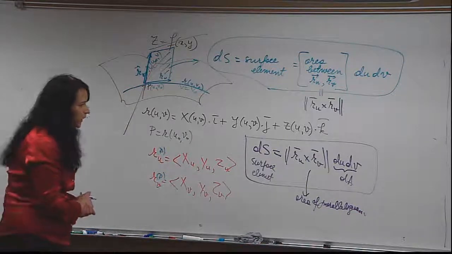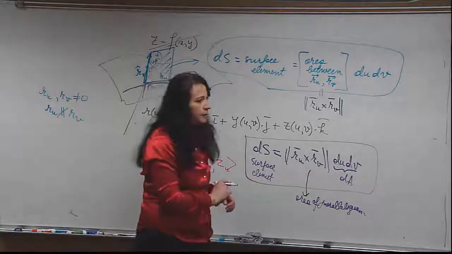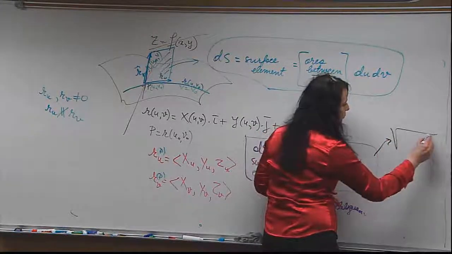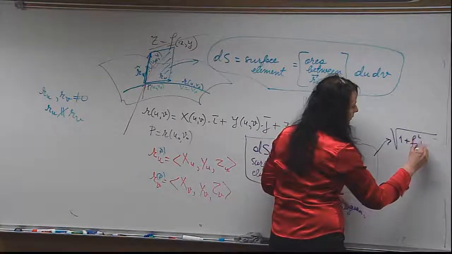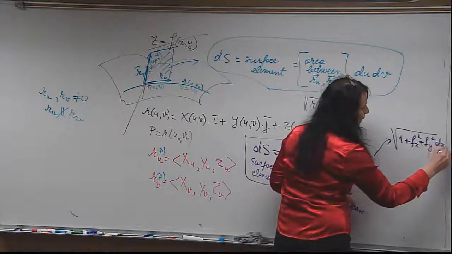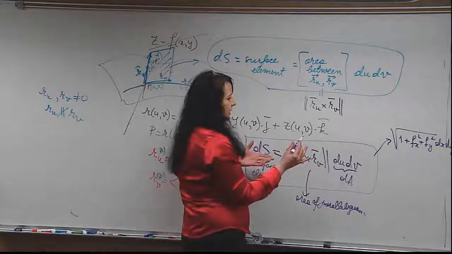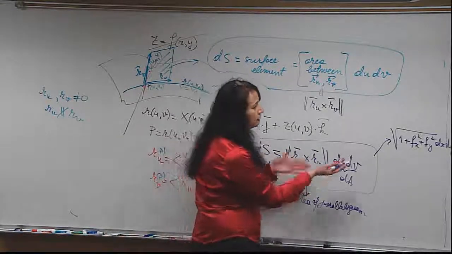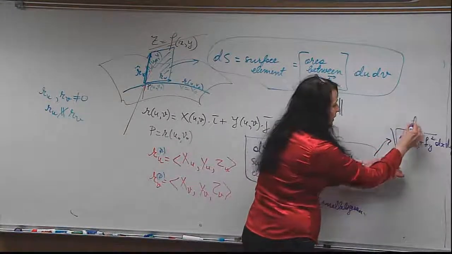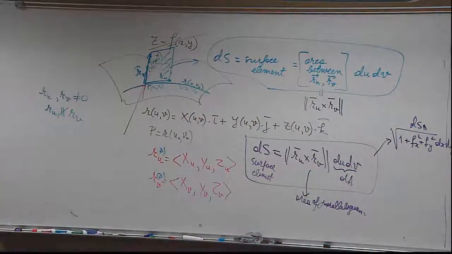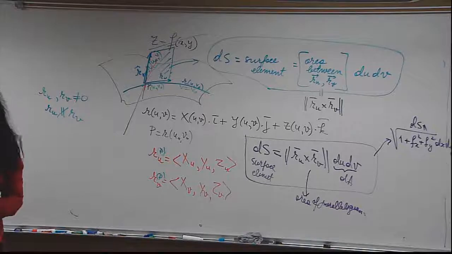It has to do with the tangent plane. But now you're asking, but shouldn't this be the same as the formula root of 1 plus f sub x squared plus f sub y squared dx dy? Yes, let's prove it. Let's finally prove that the meaning of this area will provide you with the surface element in terms of x and y, just the way you did not prove it.